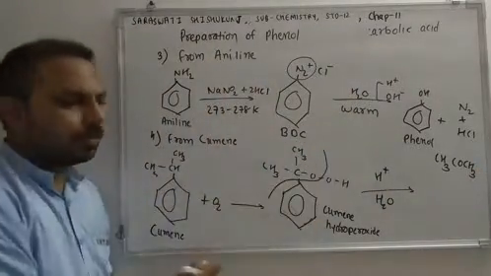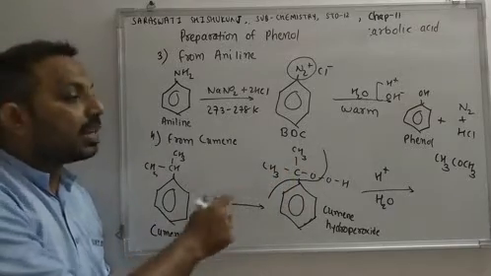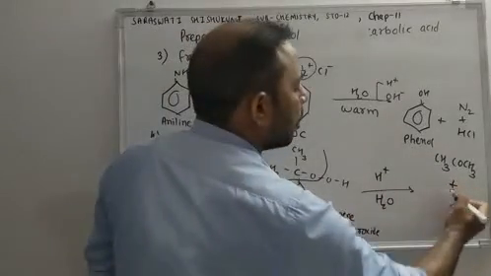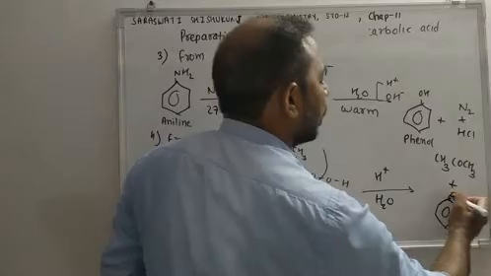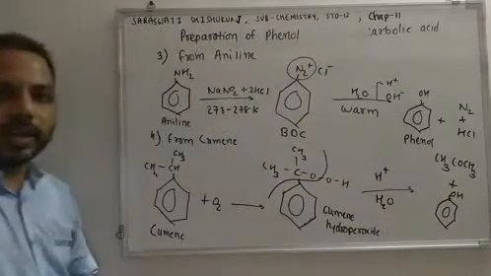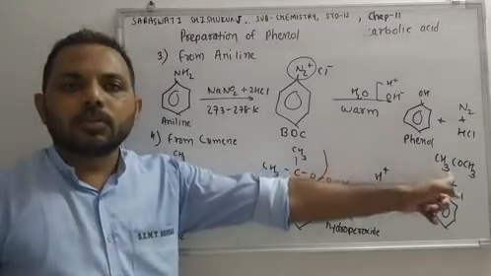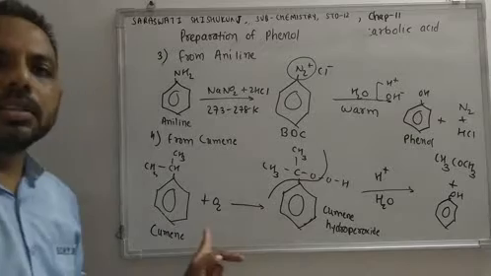So CH3COCH3 is formed as a byproduct. Right? What is the other? Benzene plus OH. So it will form phenol. So our main product is phenol. Now, we are getting acetone as a byproduct. So whenever we want to form phenol along with acetone, this reaction is helpful.